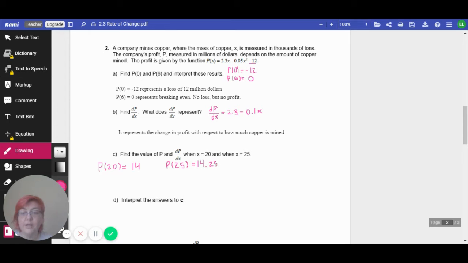Okay, so both of these are representing profits, 14 million and 14.25 million. Now, let's go ahead and evaluate the derivative.